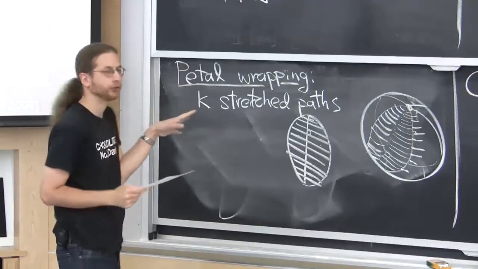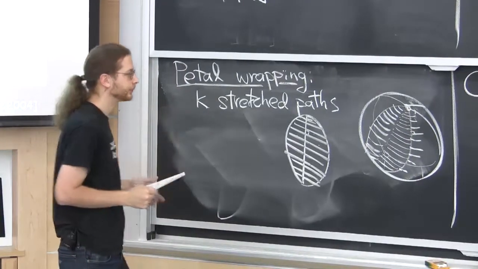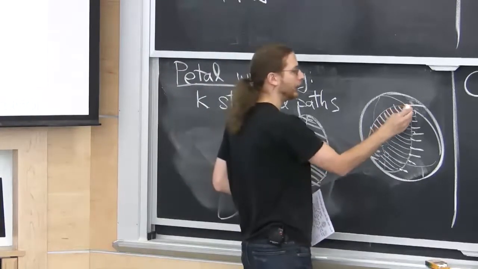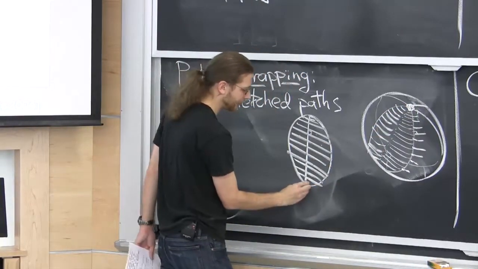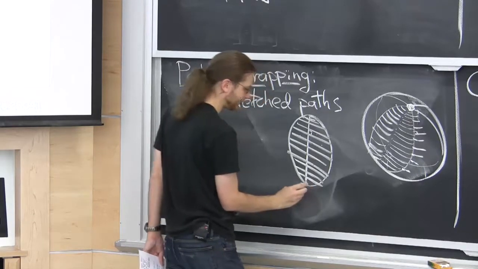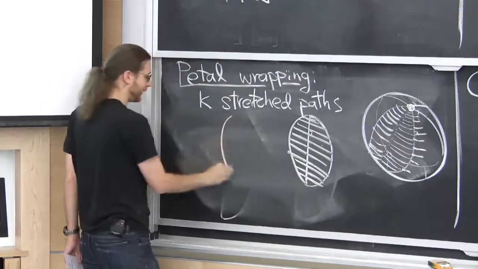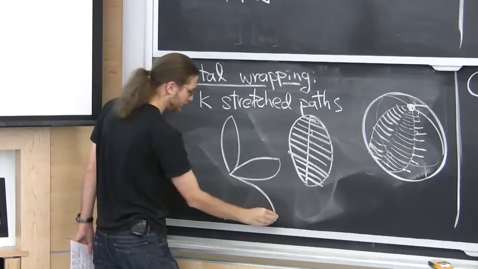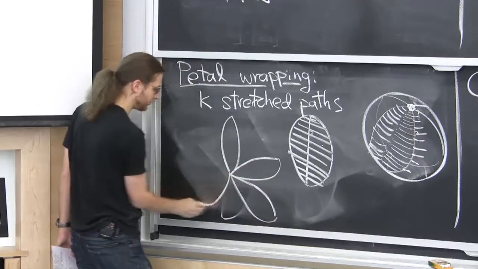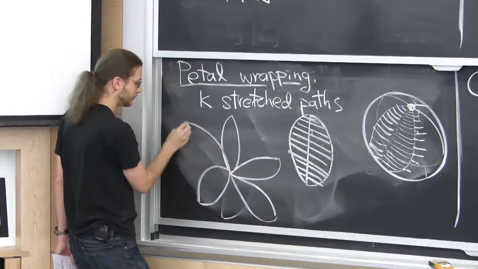Now, there's different ways to join these petals together. One idea is join them all at the North Pole. So then what you get, it's a little hard to imagine that these things don't intersect each other, especially when I've drawn them so fat. For 5, it's going to look something like this. Not drawing it perfectly.